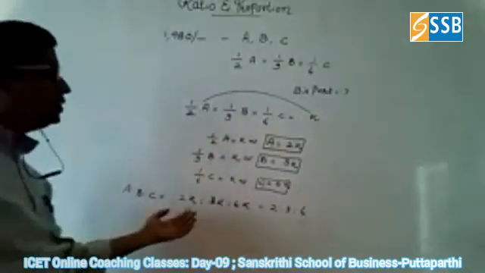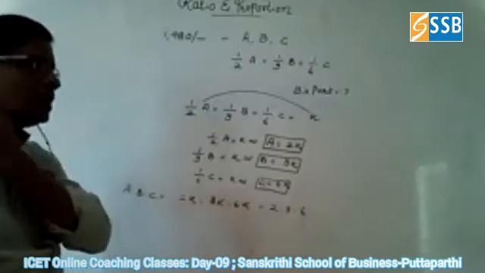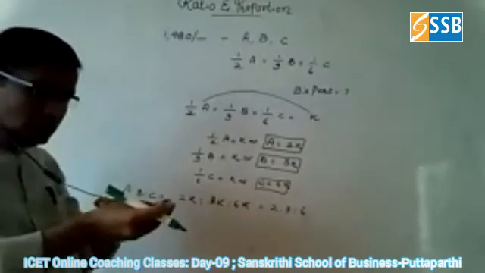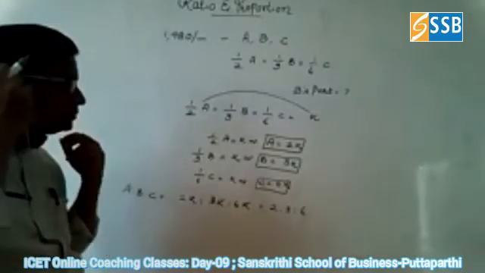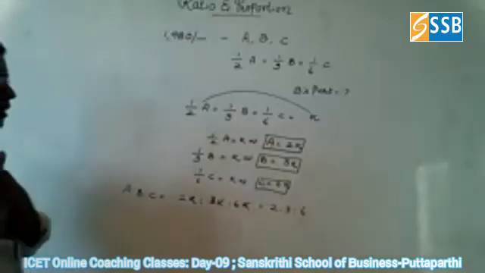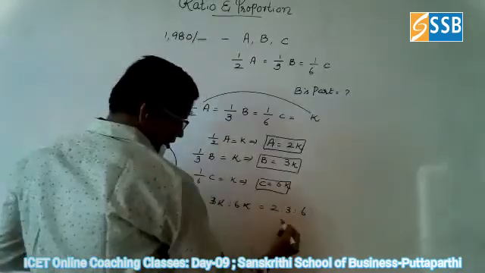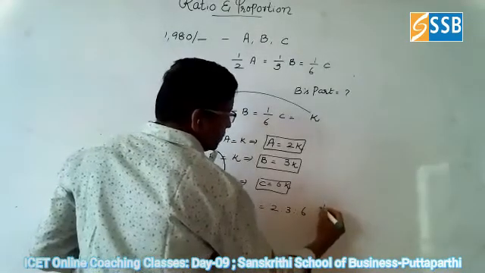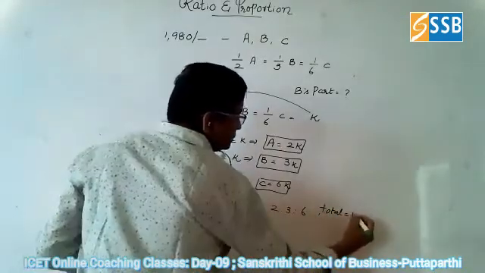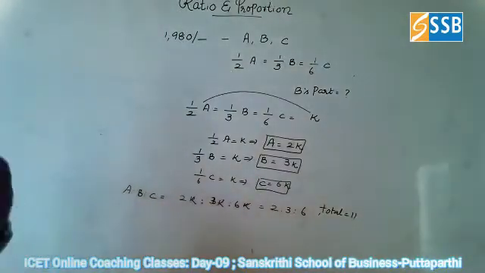If we convert it into proper numbers, automatically we can get the answer. Okay, sir. Total, what is the total ratio? Total ratio is equal to 2 plus 3 plus 6, which is 11. Okay? So now you can go for B's part.